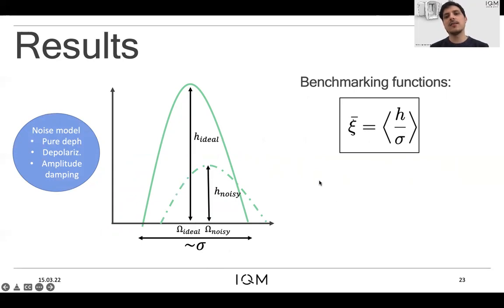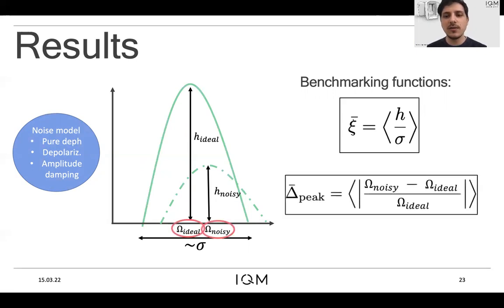So if our simulation has more noise, then the peaks will be flattened and we will obtain smaller psi. So this way, a better simulation will have a higher psi. And also the second benchmarking function will be this peak frequency error, in which we just study how much we are misplacing omega ideal by choosing these omega noises that we can obtain from our noisy quantum simulation.